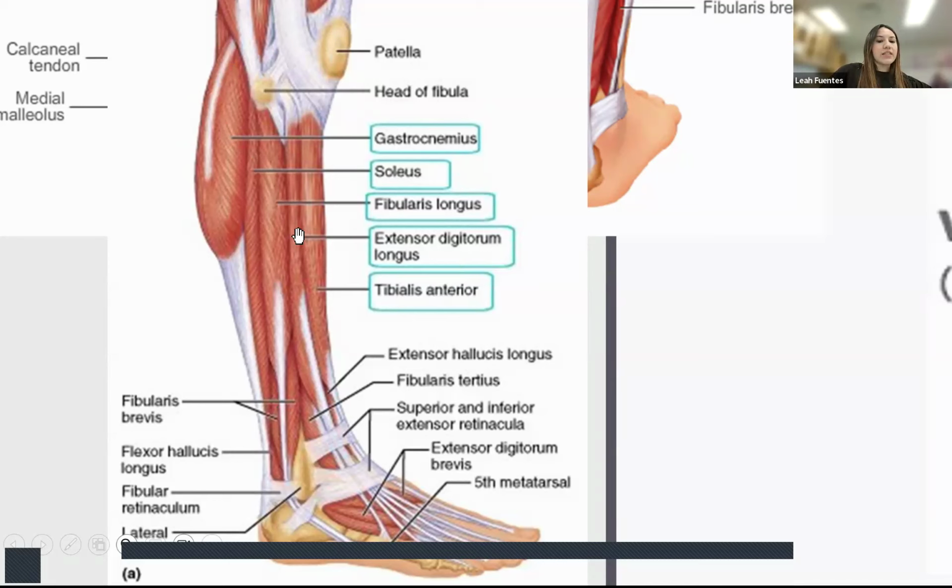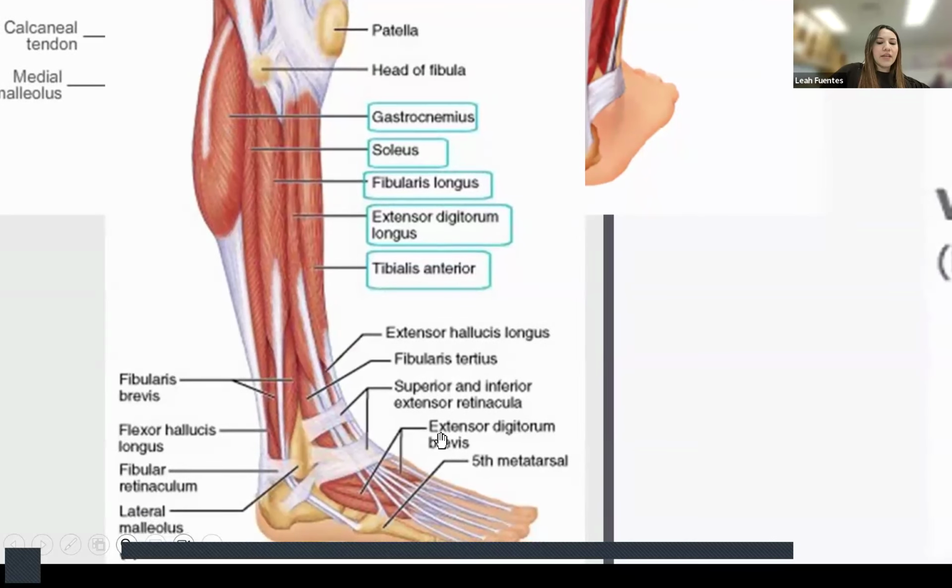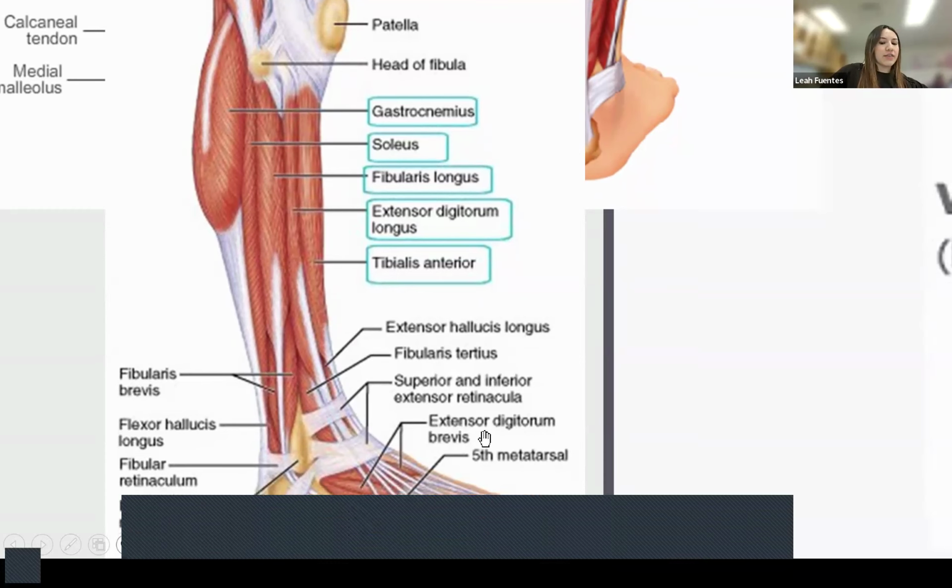Right next to that is our extensor digitorum longus. And then we're back to the tibialis anterior. A little bit deeper, we have our extensor hallucis longus. And then another one you would probably need to know is the extensor digitorum brevis down here.